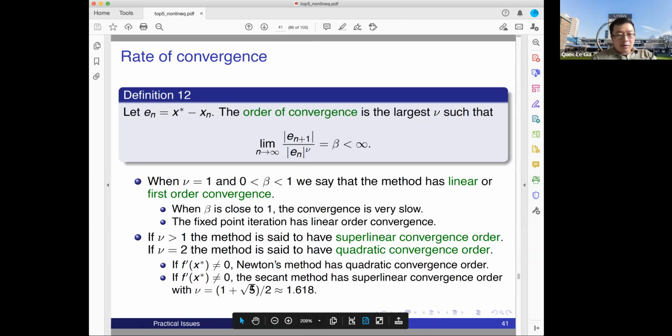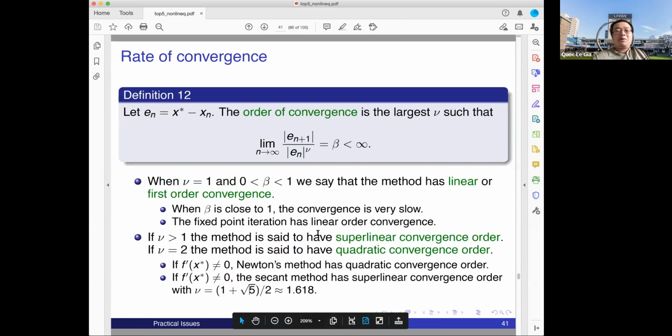So do you recognize this number? Anyone? Golden ratio, yes, good. See, the secant method's convergence is the golden ratio, very strange.